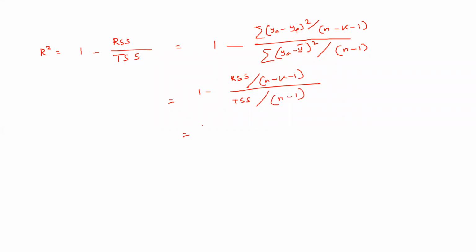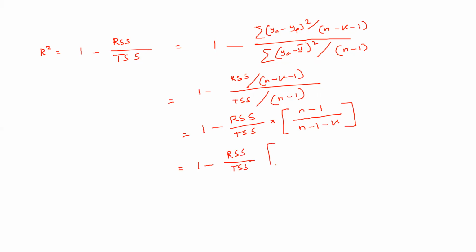In other words, 1 minus RSS into TSS divided by, you see what I have, it's done. This n minus 1 will come at the top and n minus 1 minus k will come at the bottom. If I write it carefully, it also means 1 by k into n minus 1.